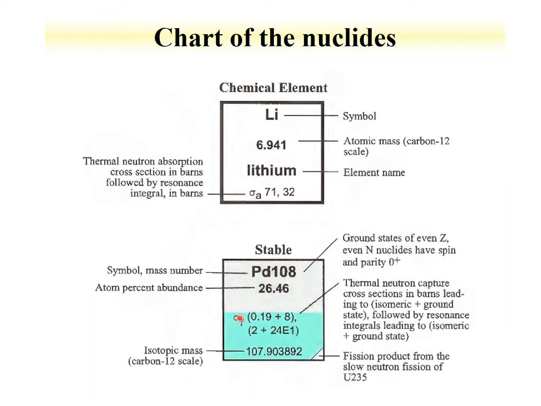The thermal cross-section in barns leading to isomeric and ground state, and the resonance cross-section in barns, isomeric and ground state. This triangle here means that this isotope is produced from fission, and this is the mass of the isotope. We will describe cross-section in more detail when we discuss nuclear.